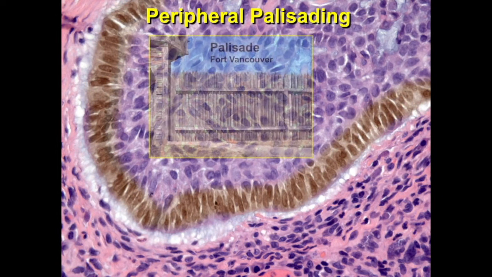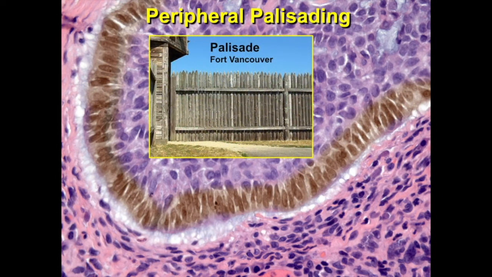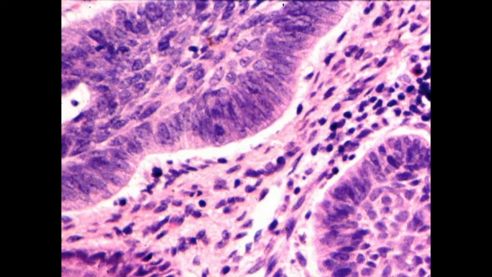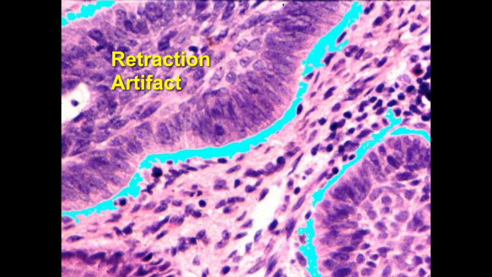These are sort of reminiscent of the logs in an old colonial fort or palisade. So this is peripheral palisading. Tumor also retracts from the surrounding stroma, and this is called retraction artifact. So another example of peripheral palisading and retraction artifact.